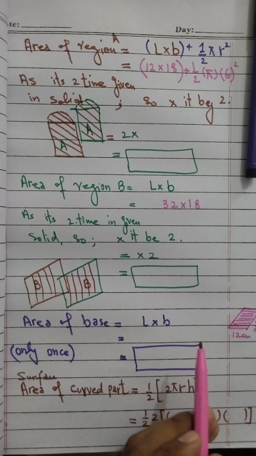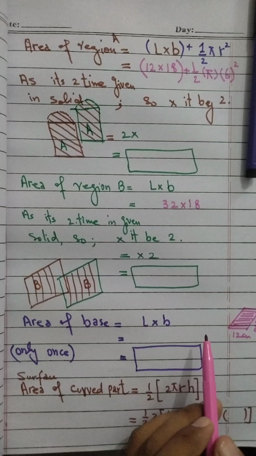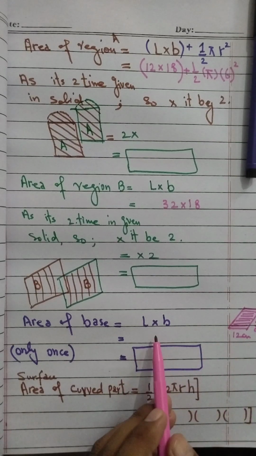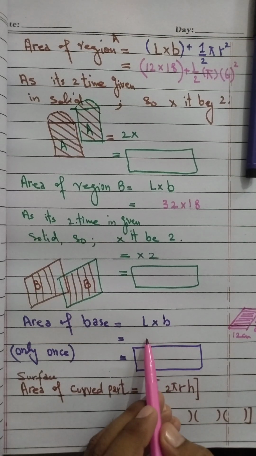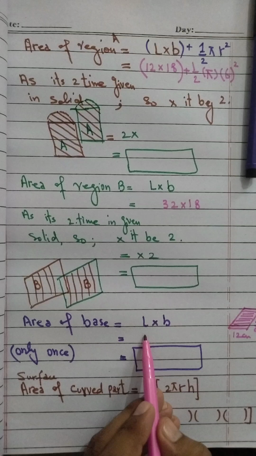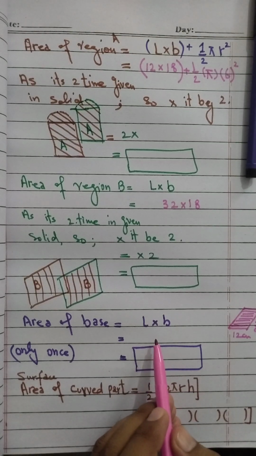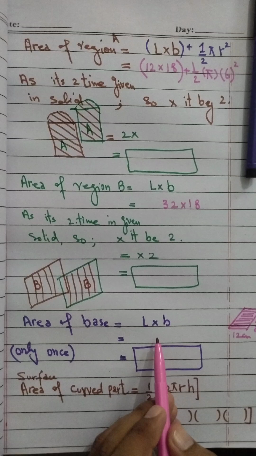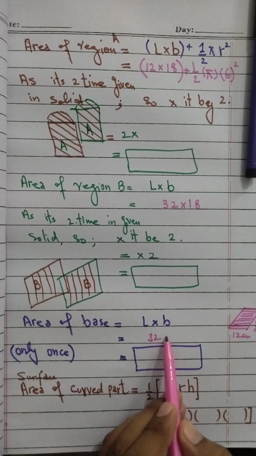These are the dimensions of the given composite solid. According to the length and breadth, the formula gives us 32 multiplied by 12.